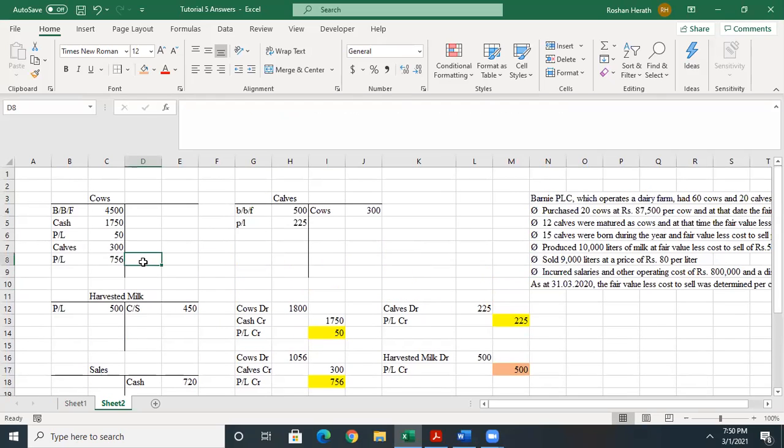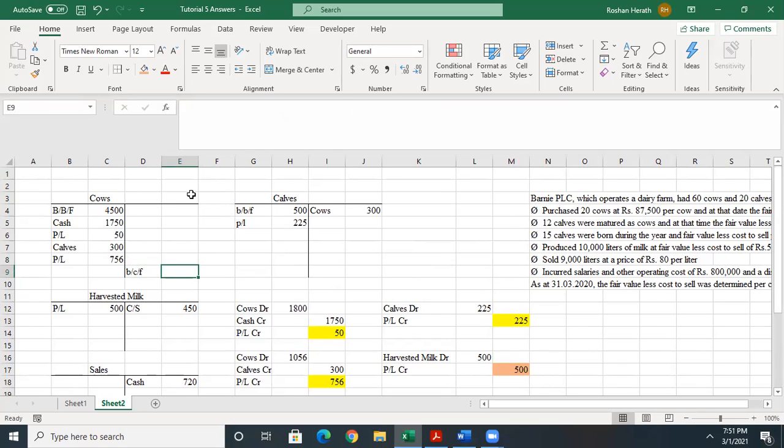Now you have come to the remeasurement, the balance carried forward. So when it comes to this remeasurement, the balance carried forward, you need to look at how many cows are out there.